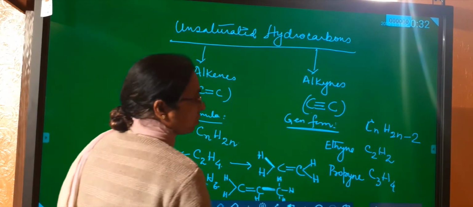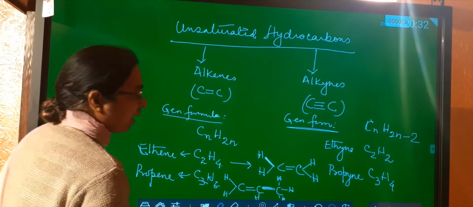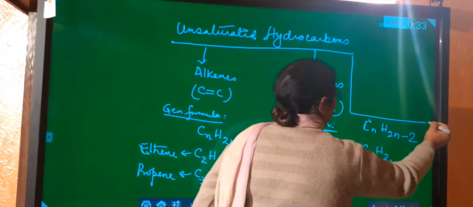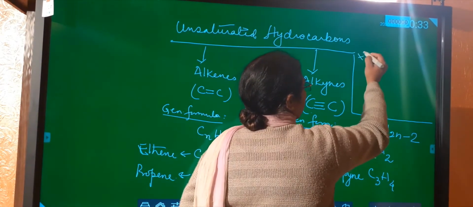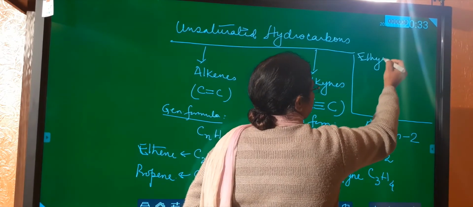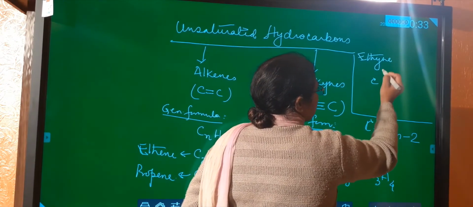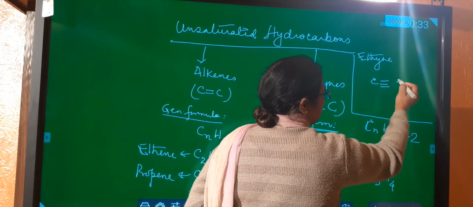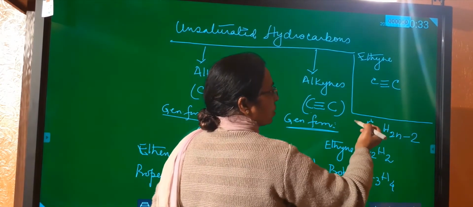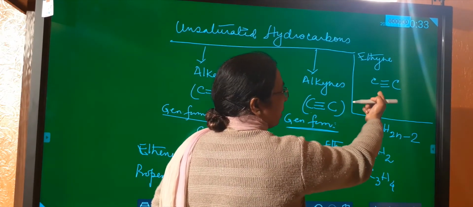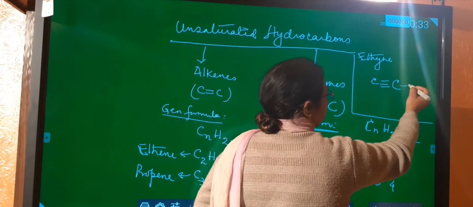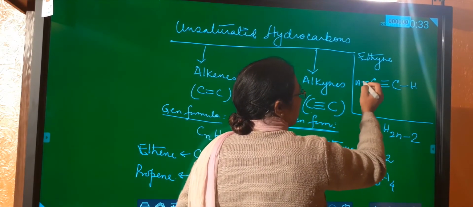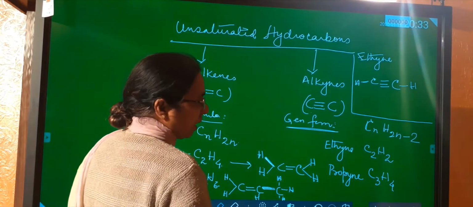So how can we draw the structure of ethyne and propyne? Let us see how we can draw the structure of ethyne. Since it is yne, we can understand that there will be a triple bond, a C≡C triple bond, over here. Again, comply with the tetravalency of carbon. So one hydrogen over here, another hydrogen over here, and this becomes ethyne.